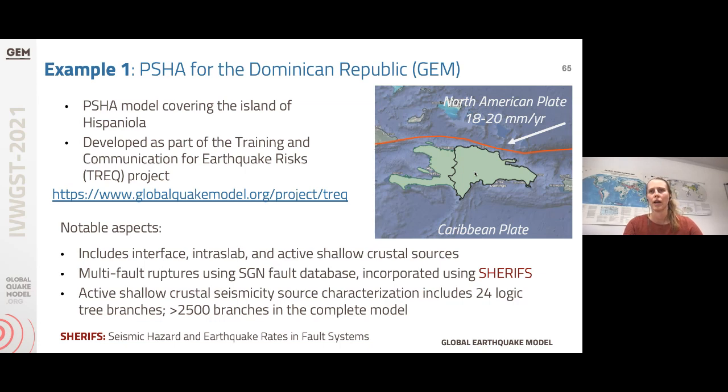We were able to really hone in on the active shallow crustal sources using a database of the faults provided by our local collaborators, and also incorporating a methodology called SHERIFS, which allows us to model the faults as a system as opposed to individual structures, so including multi-fault ruptures within the source model. The active shallow crustal seismicity source characterization in this model includes 24 logic tree branches, and together the entire model includes 2,500.